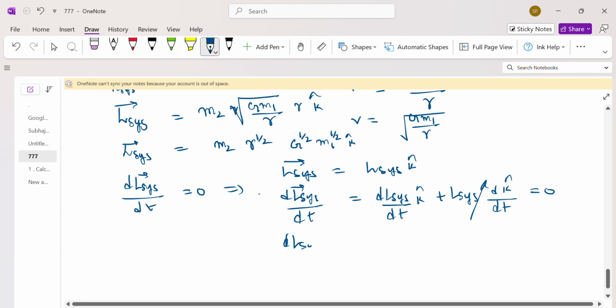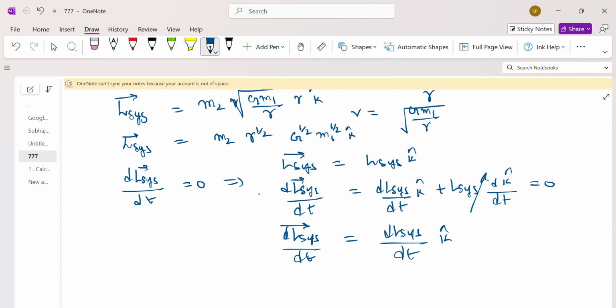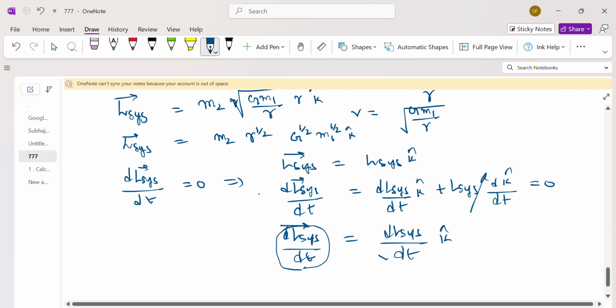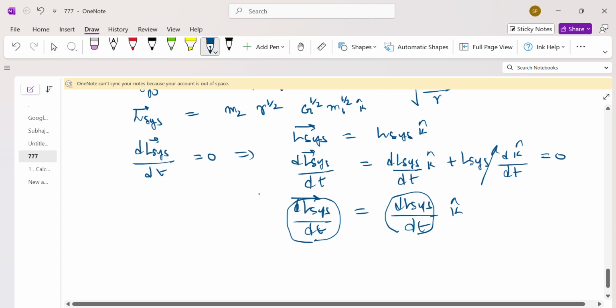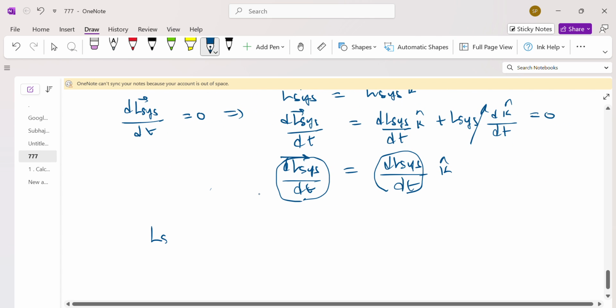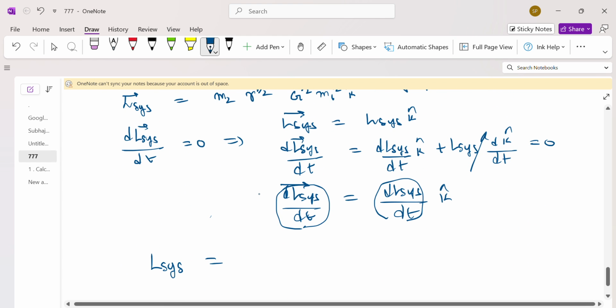So your dL_sys/dt vector is equal to dL_sys/dt k hat. You can drop this, so to compute dL_sys/dt you just have to take the derivative of the magnitude. You don't care about the direction. Now L_sys is equal to G to the power half, m2, m1 to the power half, r to the power half.